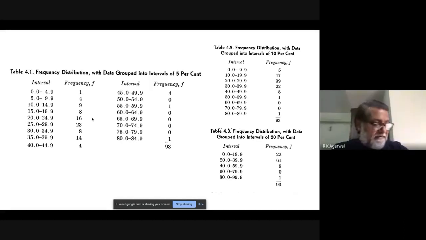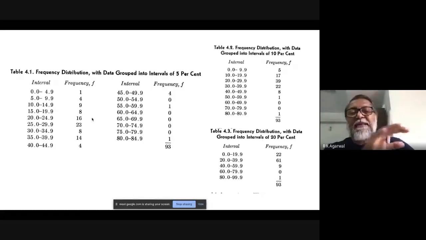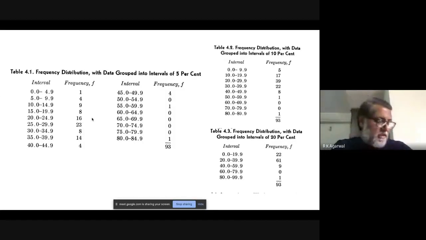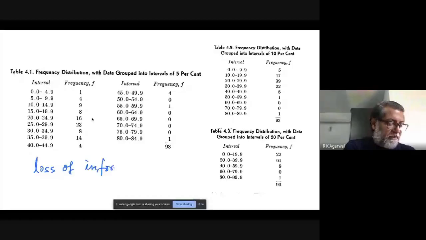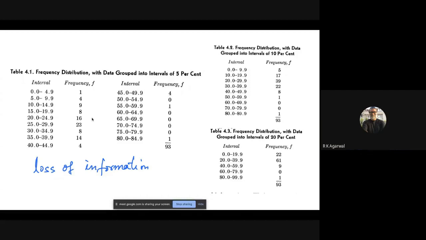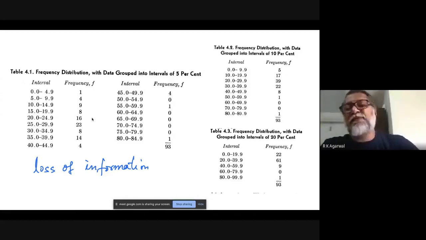Yeah. So basically, whenever you construct a table like 4.1, 4.2, or 4.3, what happens is you suffer loss of information. Whenever you construct a frequency distribution, you will lose some information. Now, in what sense am I saying that you will lose information?